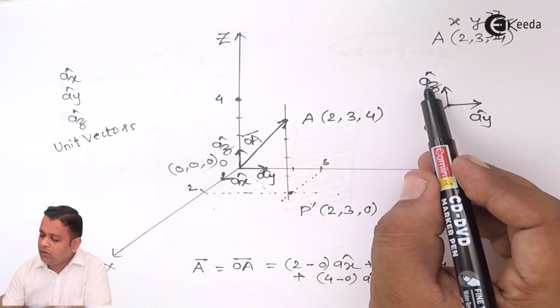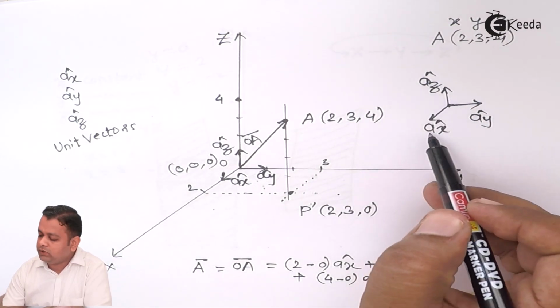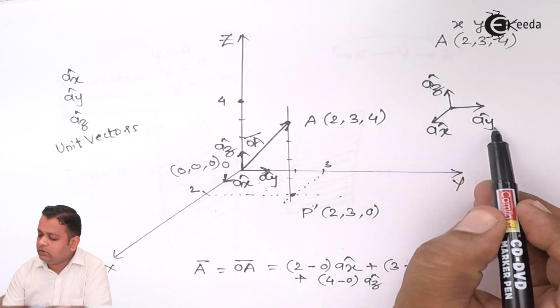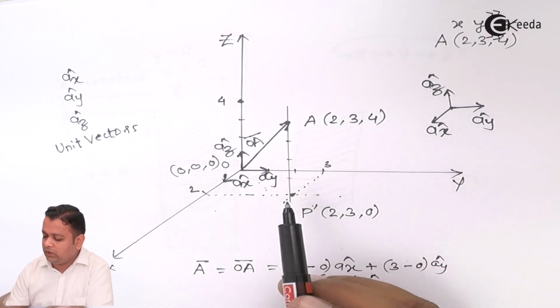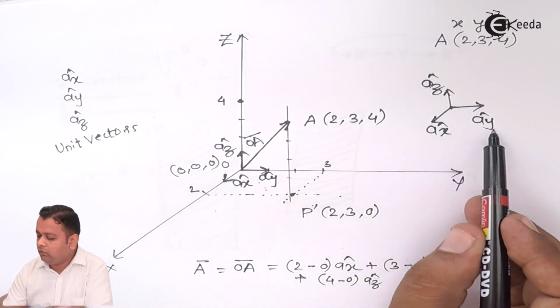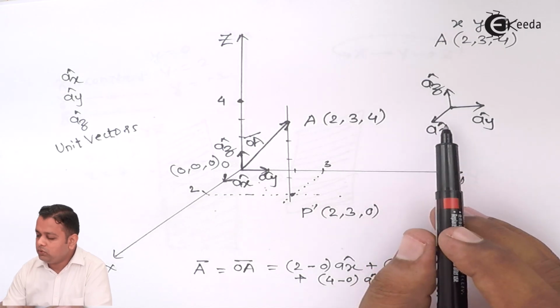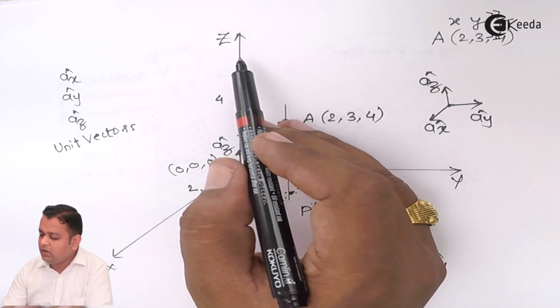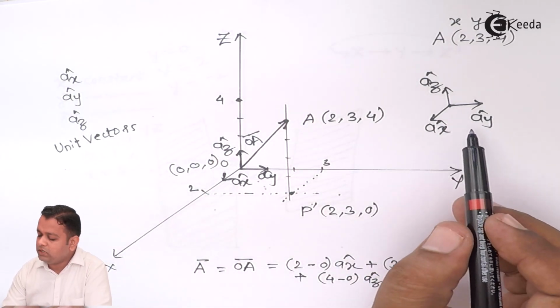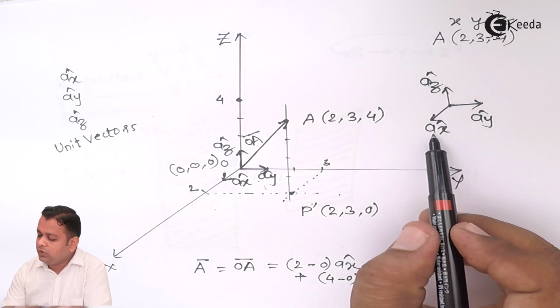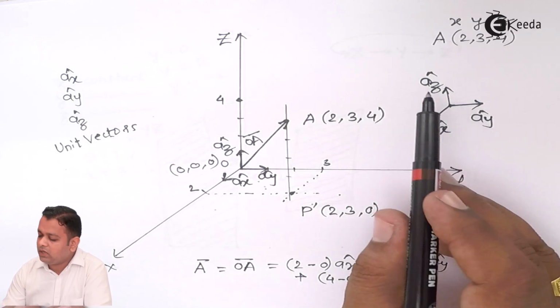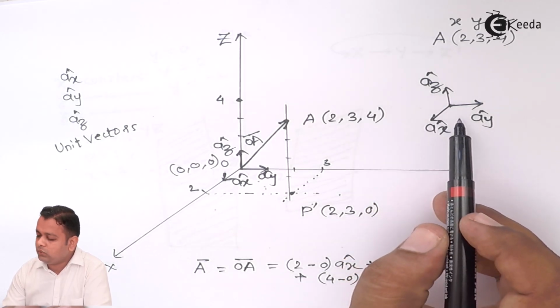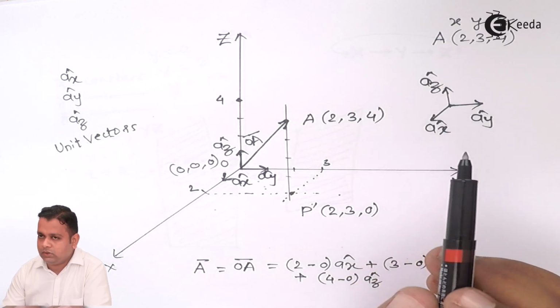Generally for unit vectors, small a is specified. The suffix gives you the particular direction of the axis, whether it may be x, y or z. And as we know that the x, y and z axes are perpendicular to each other, these unit vectors ax cap, ay cap, az cap are also perpendicular to each other.